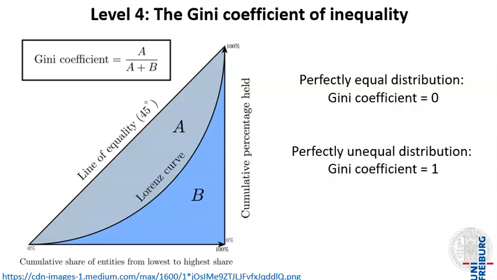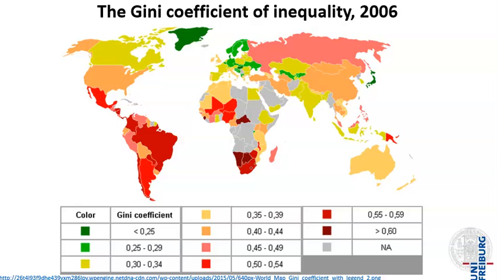That means the Gini coefficient would be 0. And in a perfectly unequal distribution, where one person owns everything, the area B would be 0, so the Gini coefficient would be 1.